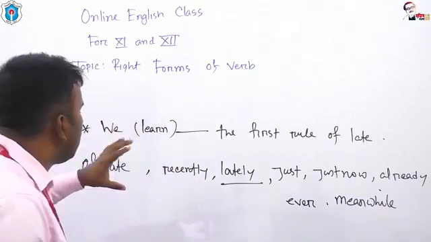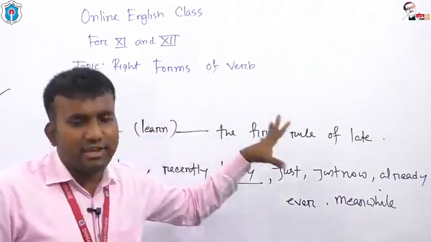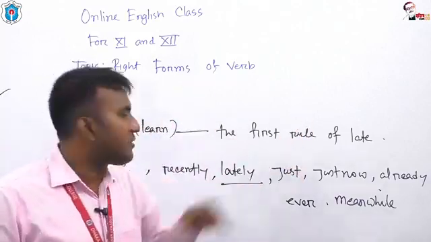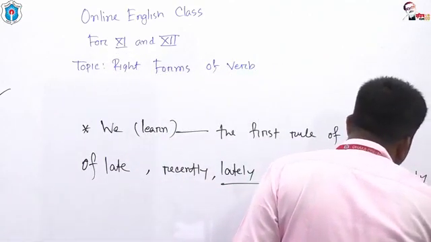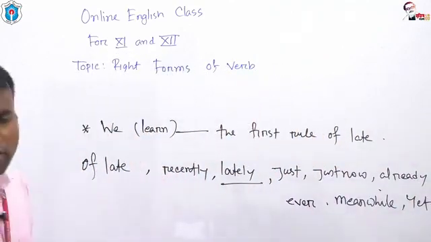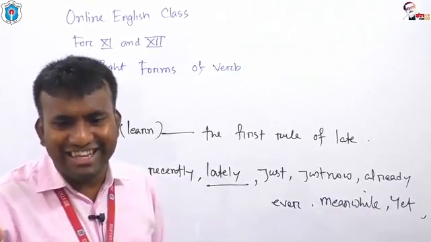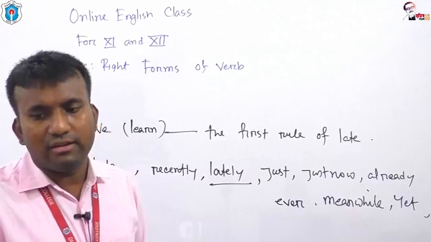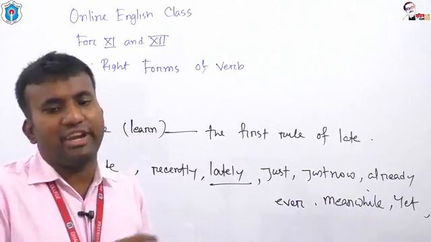That's why we use we have learned the first rule of late. I have missed one adverb, and that is yet. So if you get just now, already, recently, lately, yet, ever, meanwhile, you have to create present perfect tense.